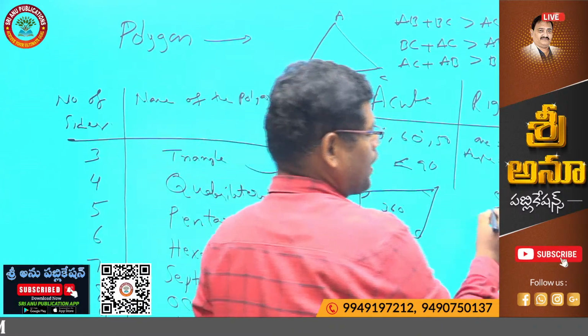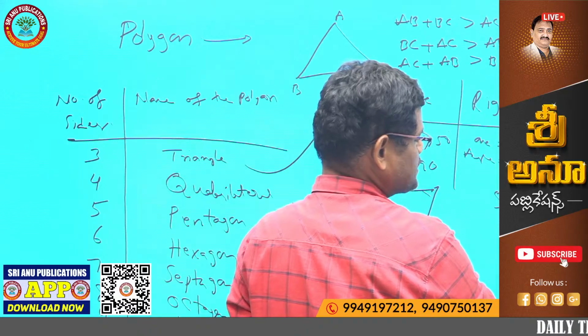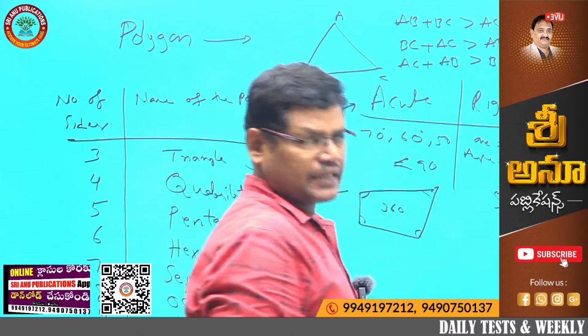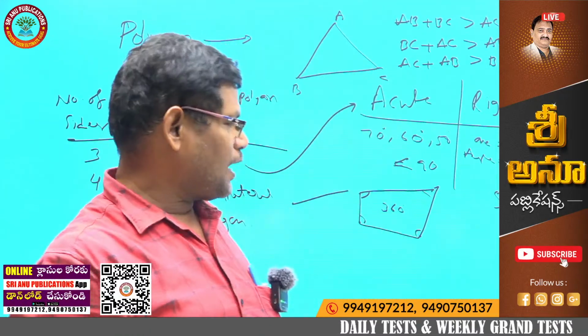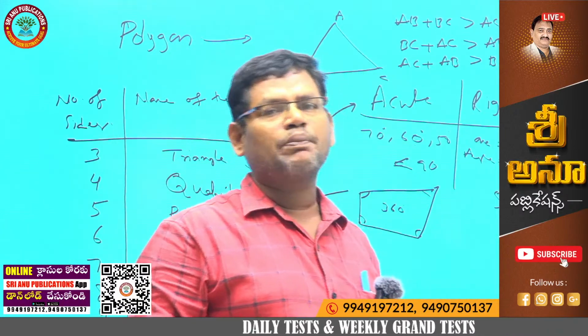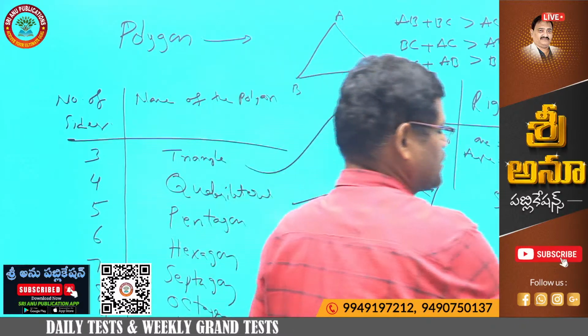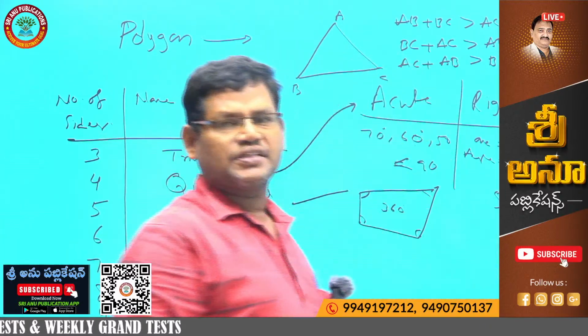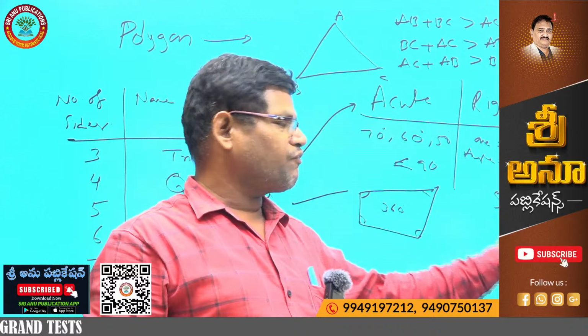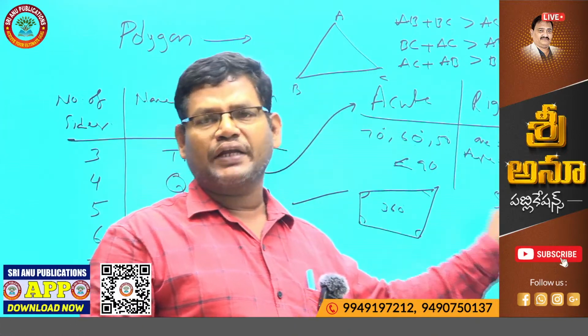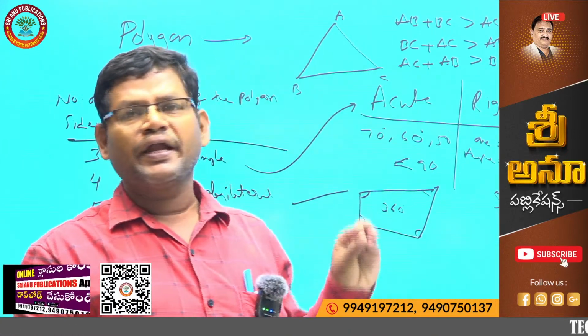Why? Because is 5 plus 5 greater than 10? No. A number should not be greater than itself. That's why this property fails, so the measurements 5, 5, 10 cannot form a triangle.